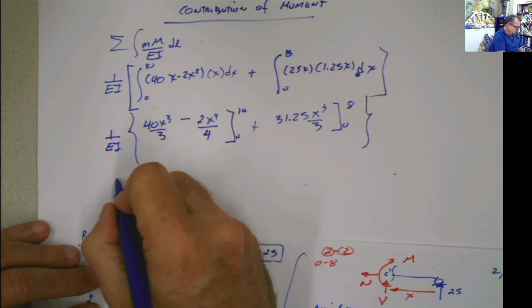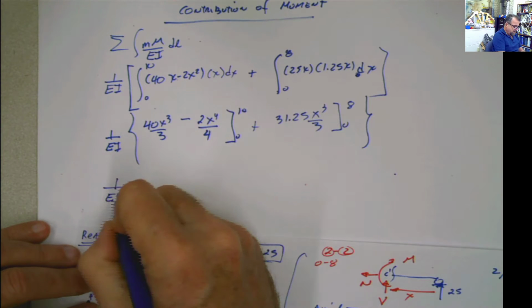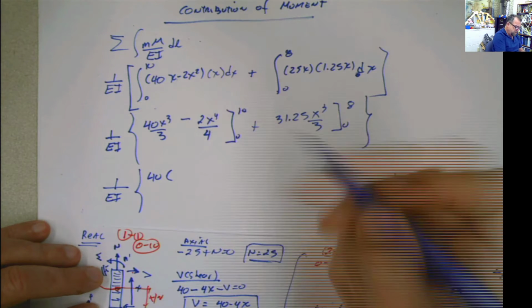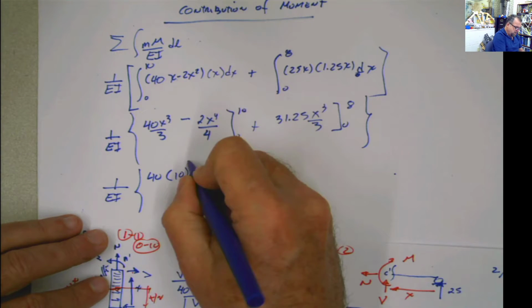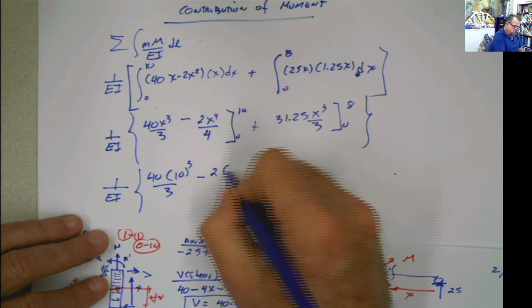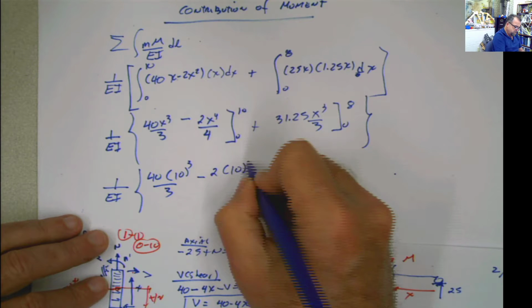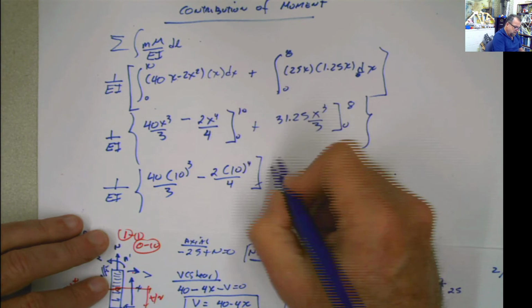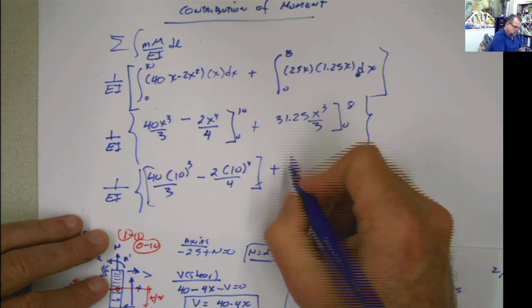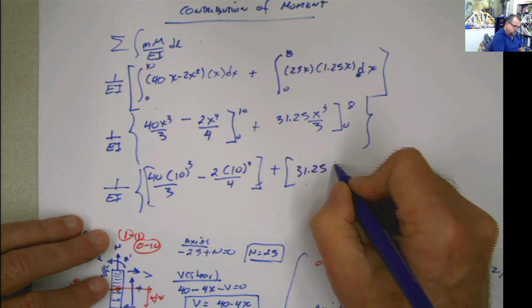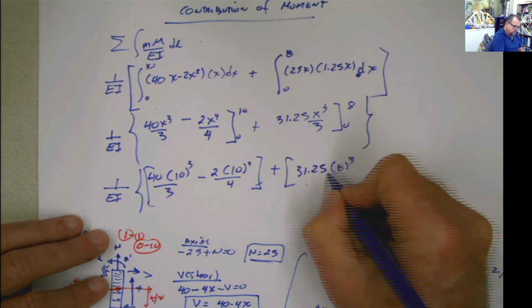But then you put here 1 divided by EI times 40. Some people hate this, some people like me doing this, so I don't care. You should make a poll. Do you hate it or you like it? And this is already this part plus this other part, which is 31.25 times 8 to the third divided by 3.